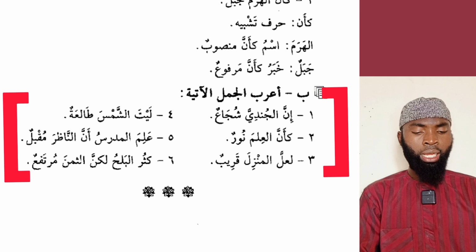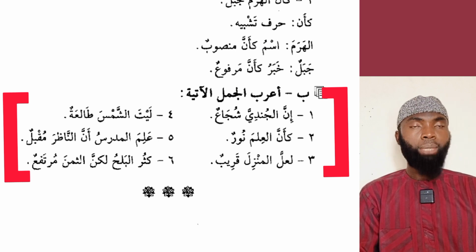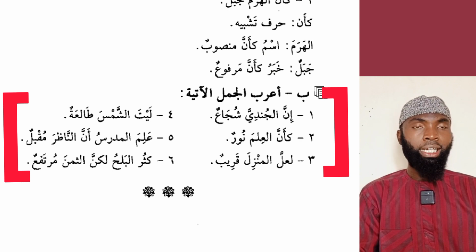Layta shamsa tali'atun, I wish the sun is rising. We say layta harfu tamannin. Ash-shamsa ismu layta mansub, tali'atun khabaru layta marfu. Number five, we have alima al mudarrisu anna nadhira mukbilun.